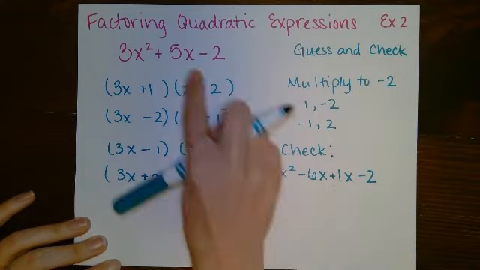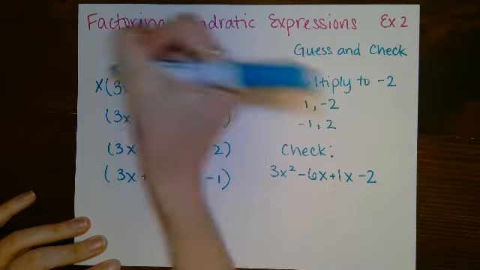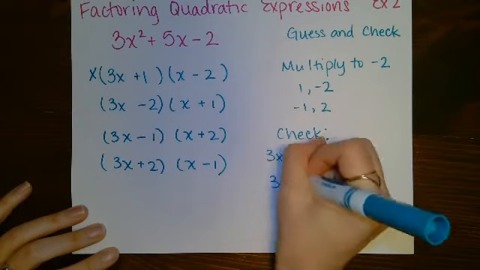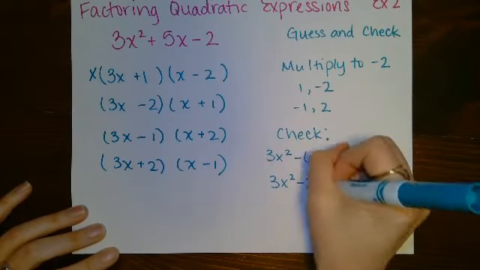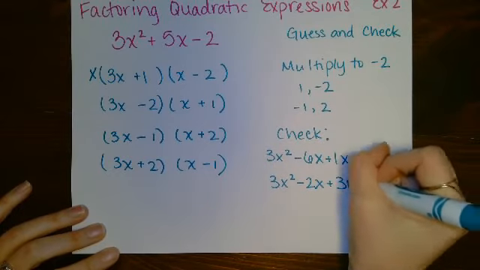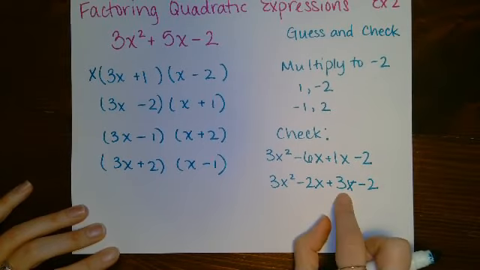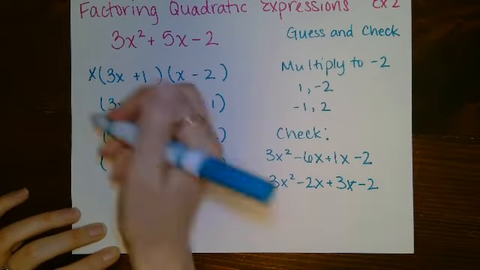Now, negative 6 plus 1 does not give us 5, so it can't be this one. And then we'll just keep going. The second one would be 3x squared minus 2x plus 3x minus 2. And again, I can quickly see negative 2 plus 3 is not going to give me 5.